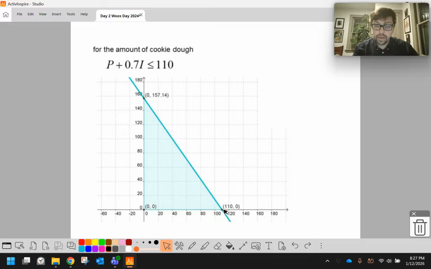So this point right here would mean that I'm making 110 dozen plain cookies, but I'm not making any iced cookies. Or if I went all in on my cookie dough on iced cookies, I could make 157.14. Really, I can make 157 dozen iced cookies based on just cookie dough, if I put all my cookie dough into iced cookies or all into plain cookies. So that could be one graph.